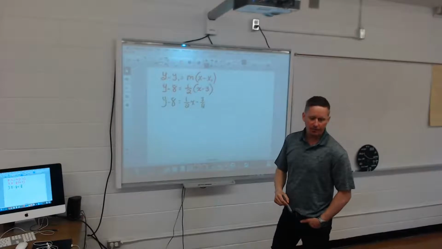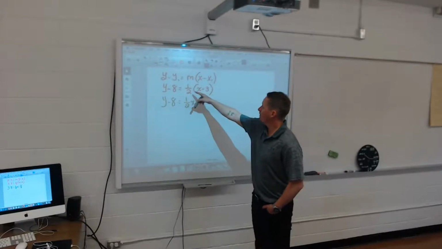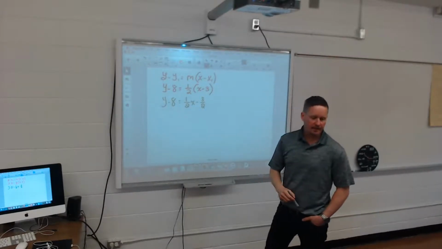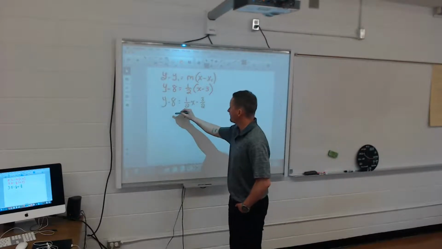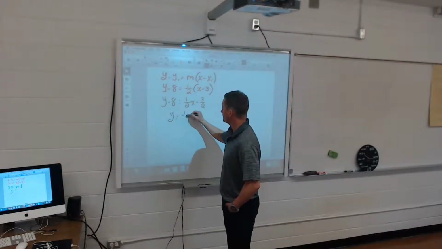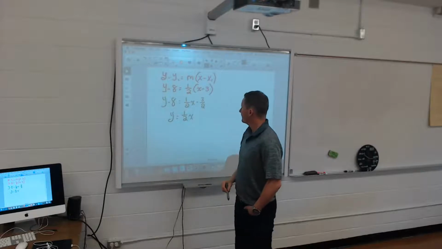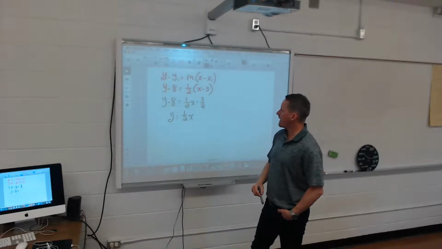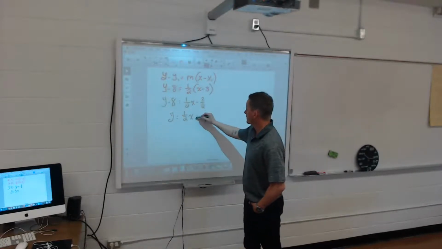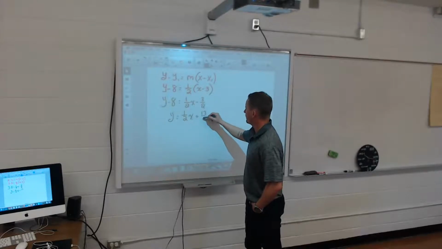I'm changing it to slope-intercept form. So I multiply the 1/2 through the brackets. Now I'm going to add 8. So I take -3/2 and I add 16/2, which gives me plus 13/2.